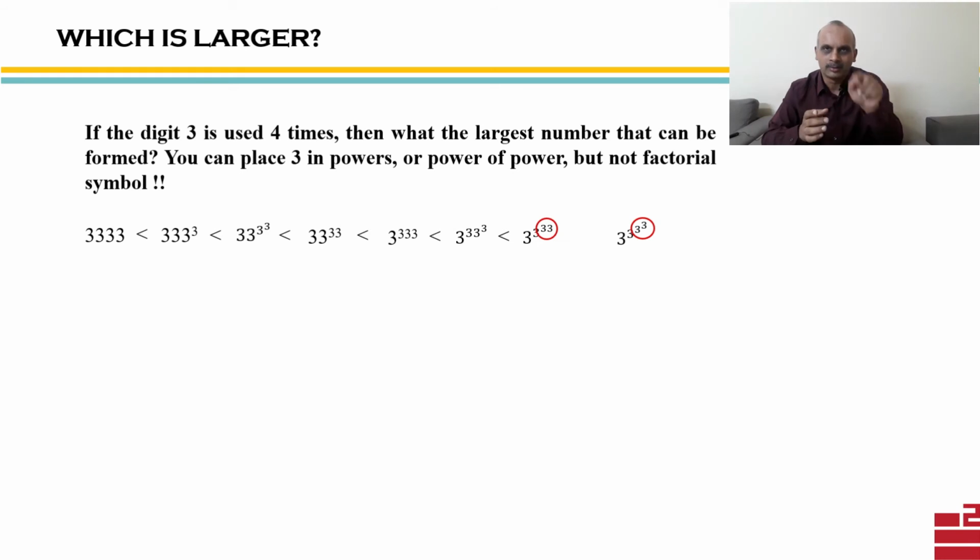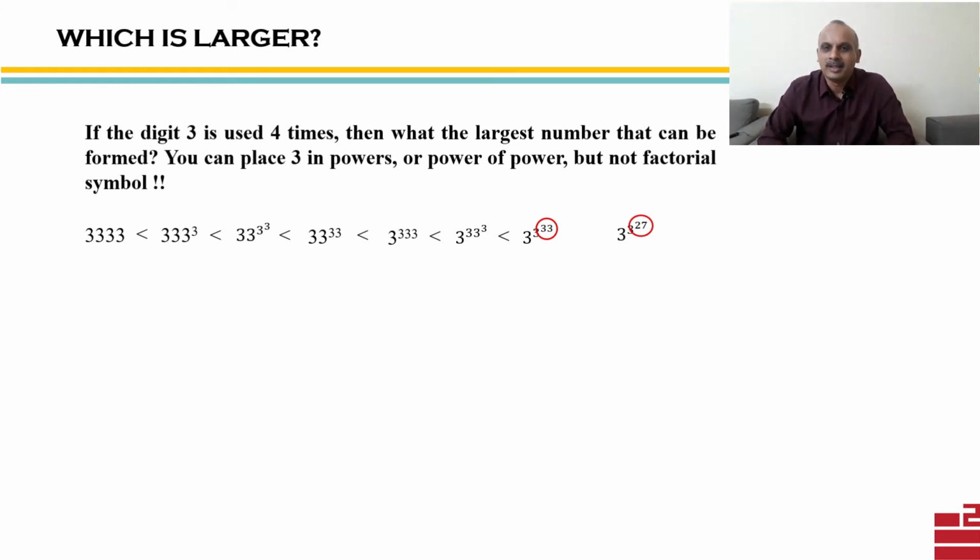You see the red circles? So 33 versus 3 to the power 3. Which of them is larger? Now 3 to the power 3 is 27, and therefore we replace 3 cube by 27. So basically we have to compare 3 to the power 3 to the power 33 versus 3 to the power 3 to the power 27.